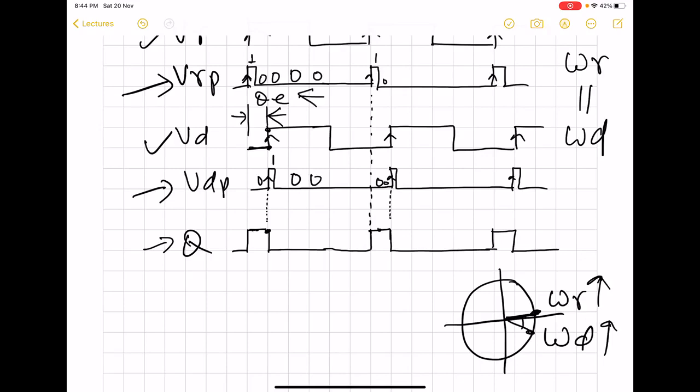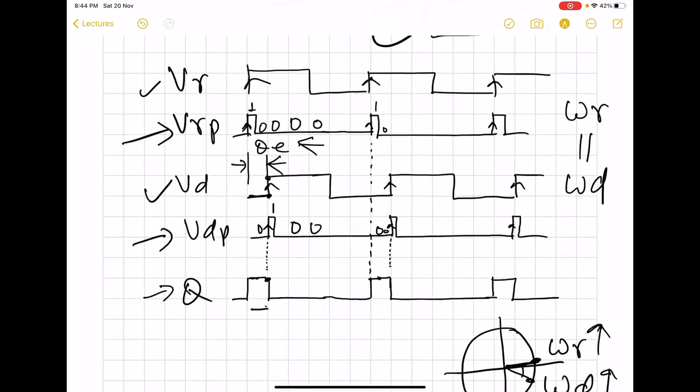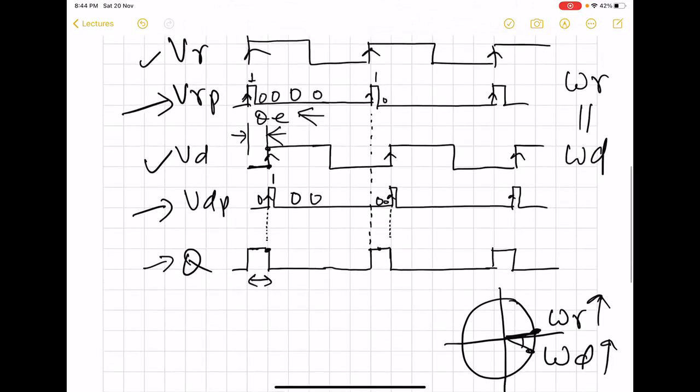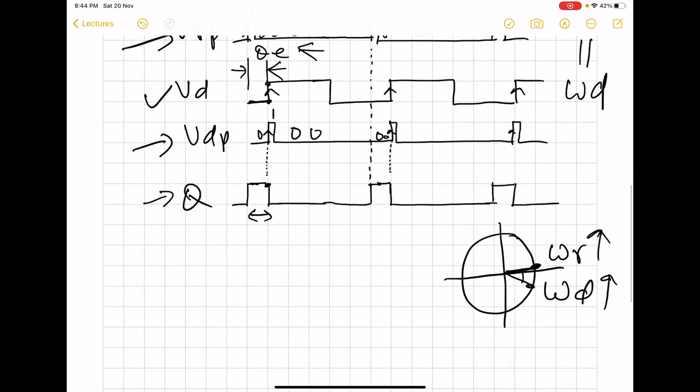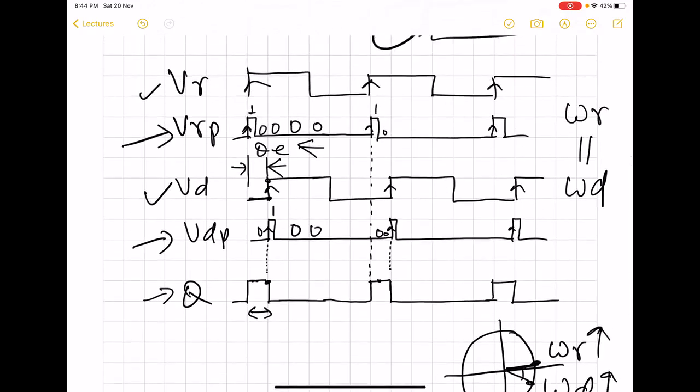So as the gap between the edges of the two signals, VR and VD, increases, this width also increases, so the DC content of this output also increases. This will give an idea of the amount of phase error between the two signals. Now let us try to increase this phase error and see up to what value it will be able to give output.